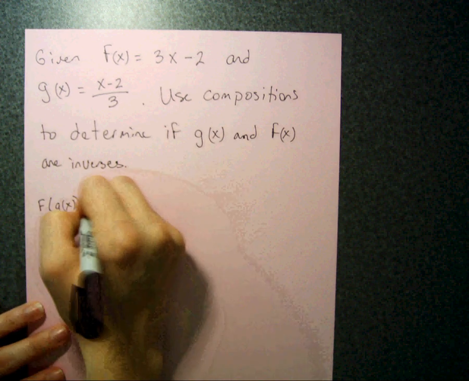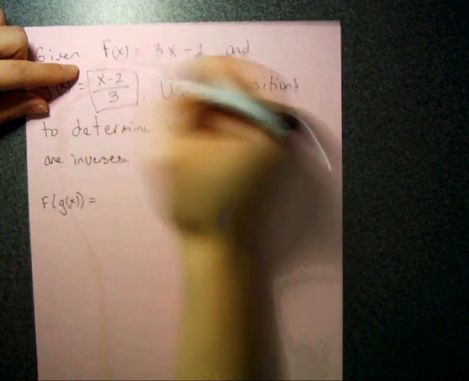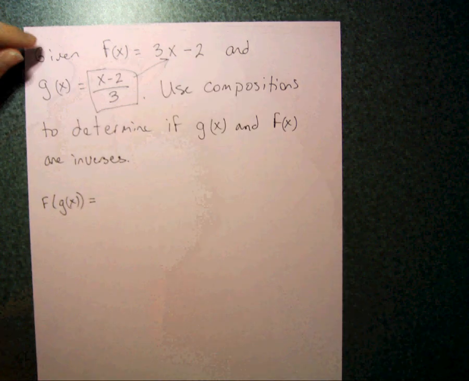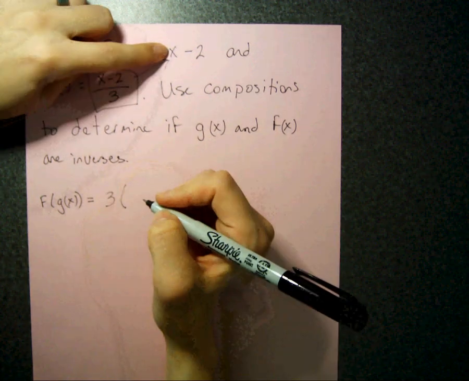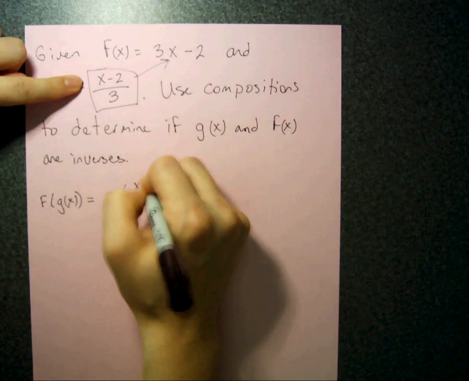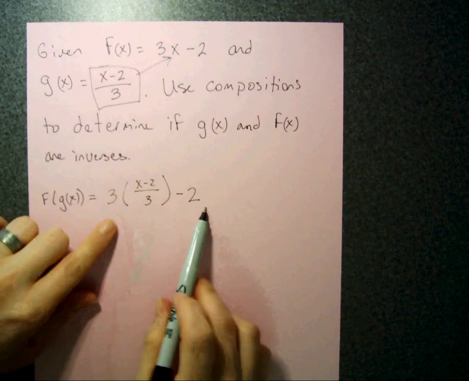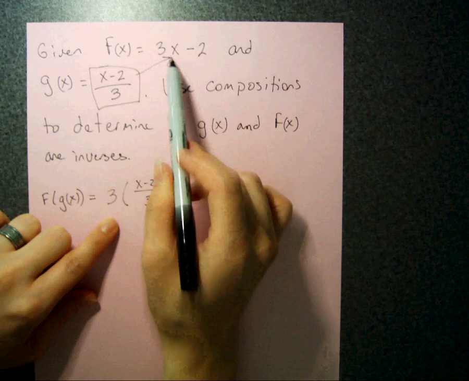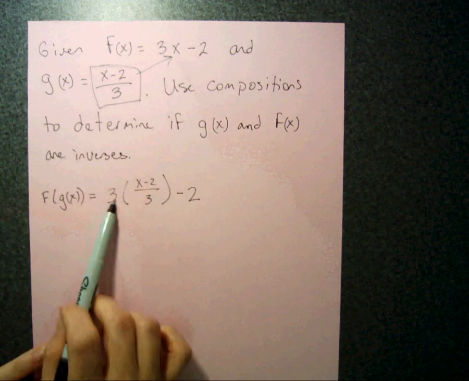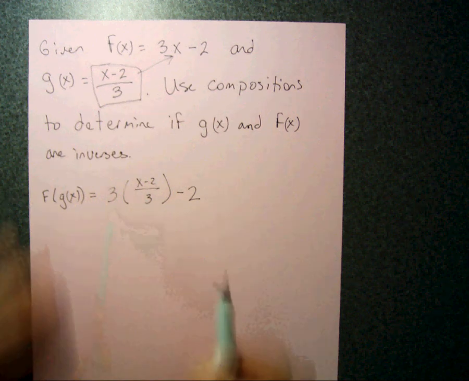I'm going to do this composition. So I'm plugging g into x's spot. So I'll have 3 times, in x's spot, x minus 2 divided by 3, minus 2. Right? It's the entire function, just g of x is in x's spot. And I'll use algebra to break it down. So I have 3 times x minus 2 over 3. What happens to these 3's? They cancel out.